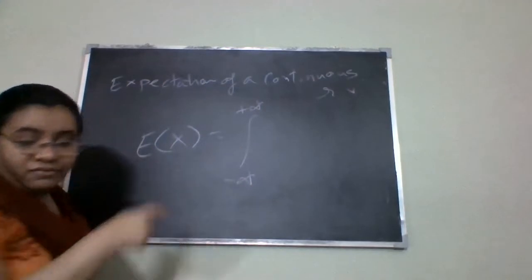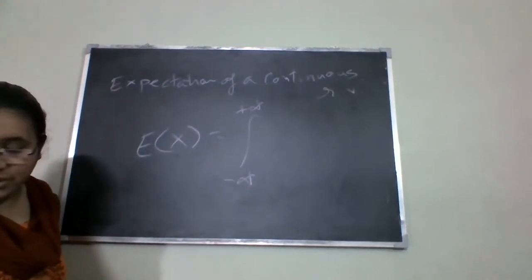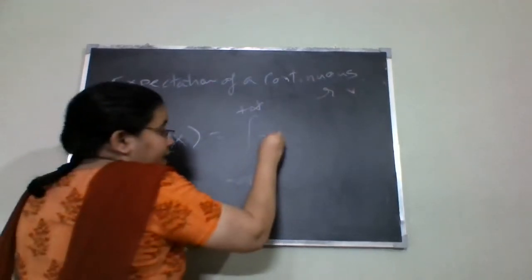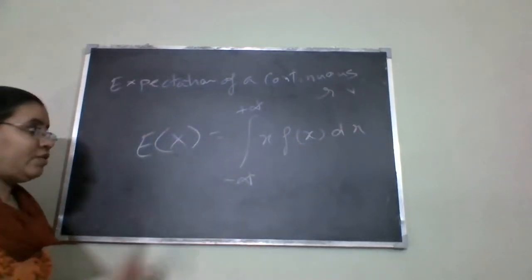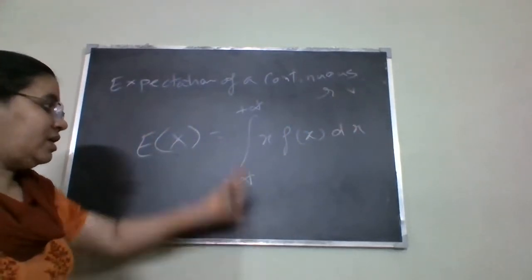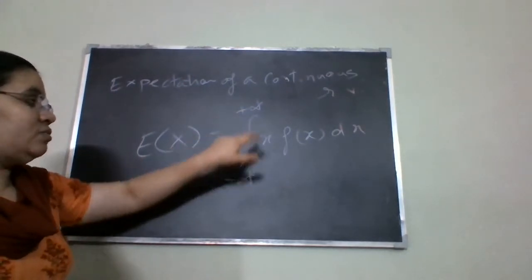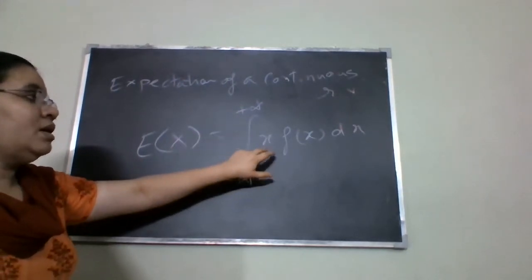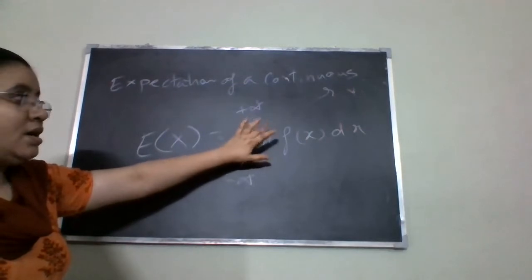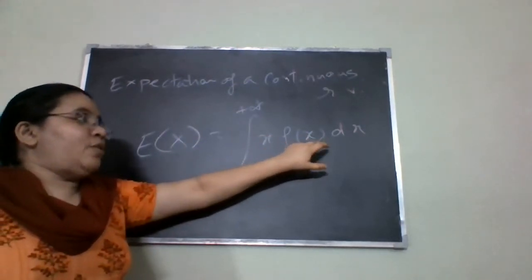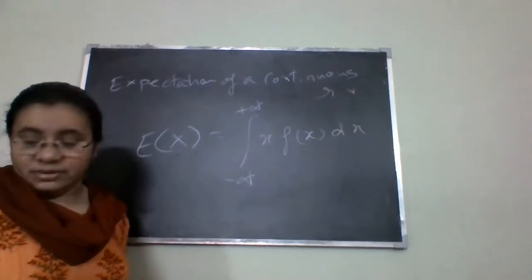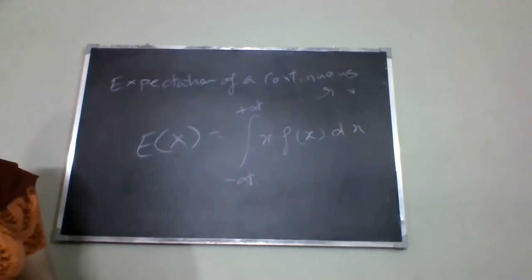You can tally with the discrete case, x f(x). So this is how you find expectation for a continuous random variable: integrate from minus infinity to plus infinity those points, because they are any values in that range, multiplied with the probability density function dx, provided the infinite integral converges absolutely.